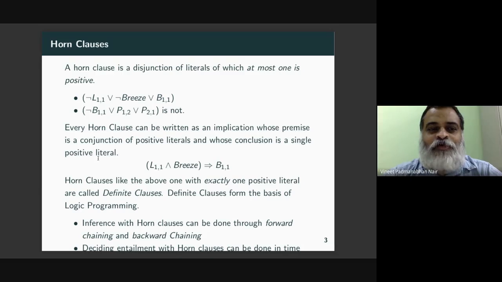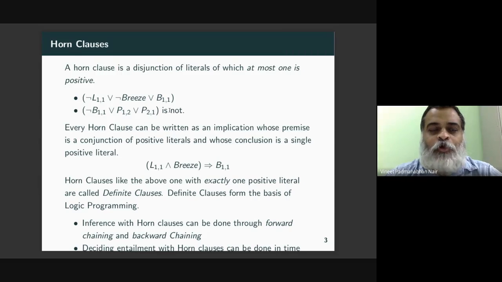So just check the first item. The definition says that the horn clause is a disjunction of literals of which at most one is positive. You can see that each one within the brackets is called a literal. For example, the negative L11 is called a literal. The V shape, as you know, is the OR, then negative breeze, then OR B11.